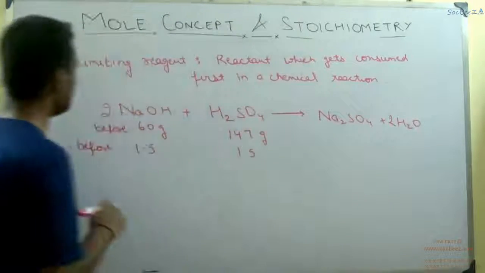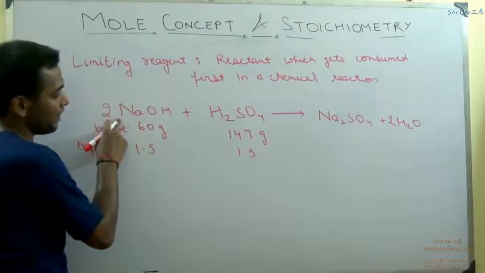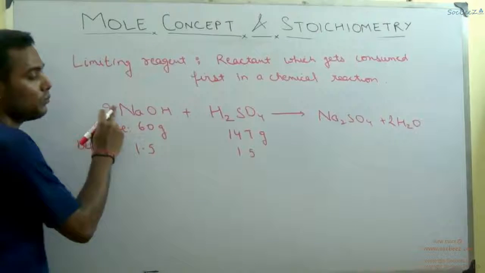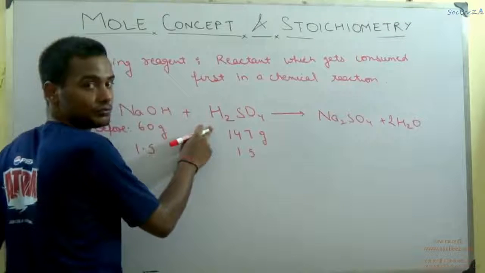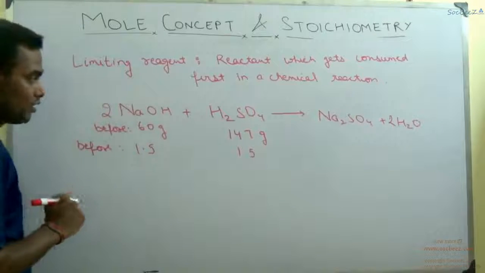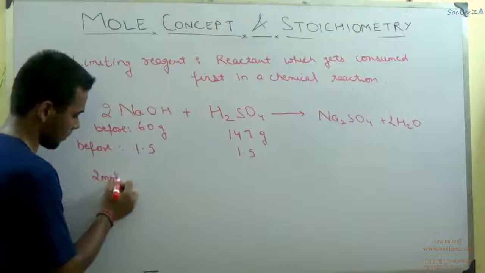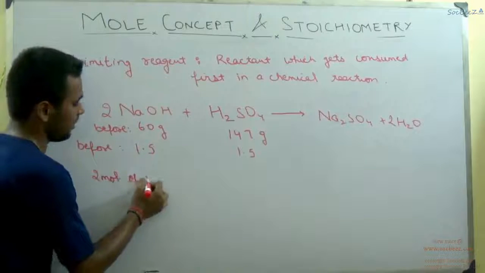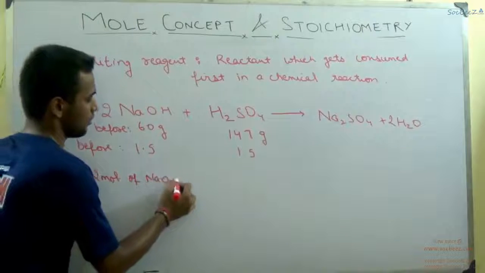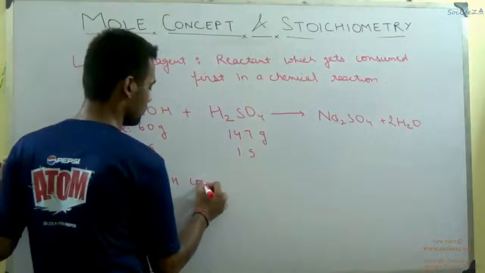Here we can see that 2 moles of NaOH combine with 1 mole of H2SO4.